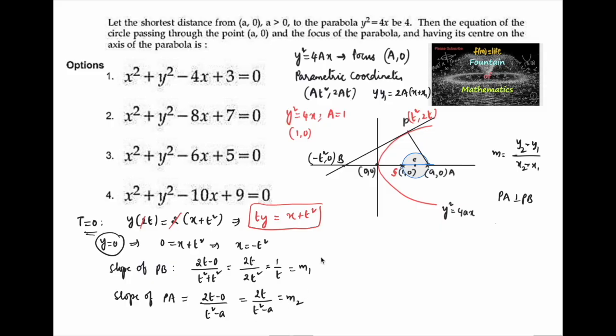Say this is m2, and we have the relation, since they are perpendicular, product of their slopes is equal to minus 1, m1 m2 is equal to minus 1. So 1 upon t into 2t divided by t square minus a is equal to minus 1. So which implies a minus t square is equal to 2, or a is equal to 2 plus t square.